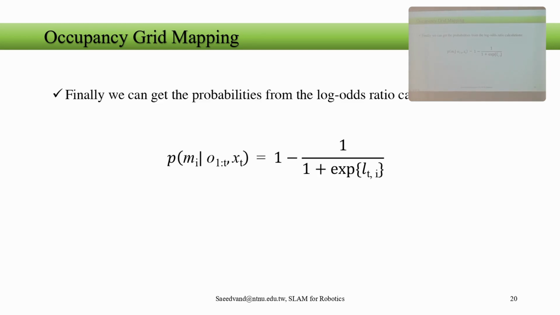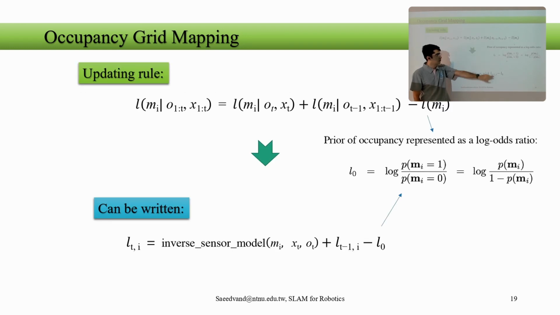Now, based on this representation, finally we can bring everything back to the probability form, because those are in log odds form, and if you want to do that, we can write the probability of m_i given the observation x_t is equal to this term over here that we have, l_{t,i}. So this calculation here is in log odds form.